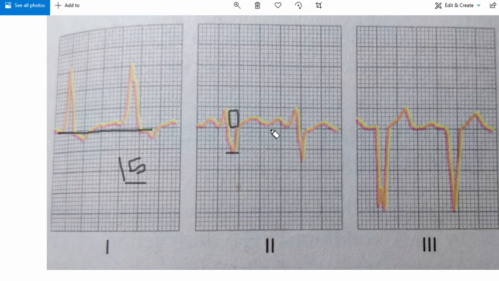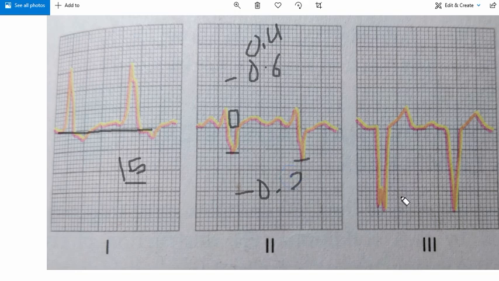So on the positive side it gives us a value of approximately 0.4 millivolt, whereas in the negative direction it covers a distance of 0.6 to 0.7, as in the next lead you can see. So in negative it covers approximately 0.6 and in positive 0.4. The resultant that we obtain from lead 2 is minus 0.2.